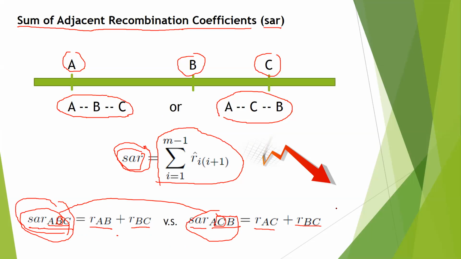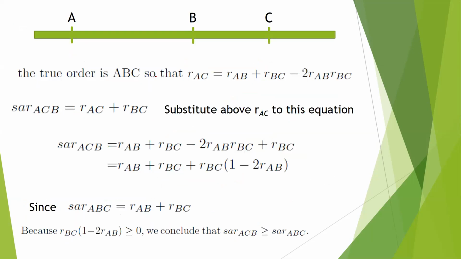So we're gonna prove why this is true. Suppose this is the right order, ABC. Then the SAR of ABC should be the smallest one.